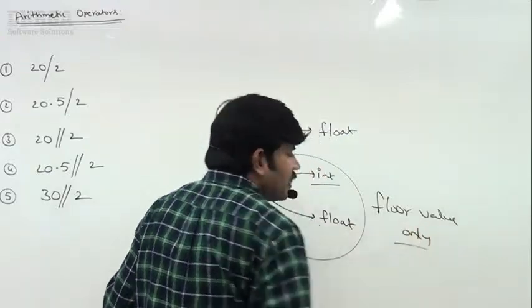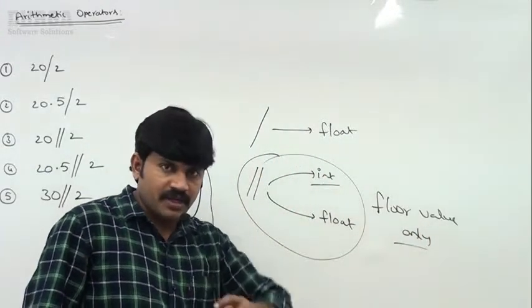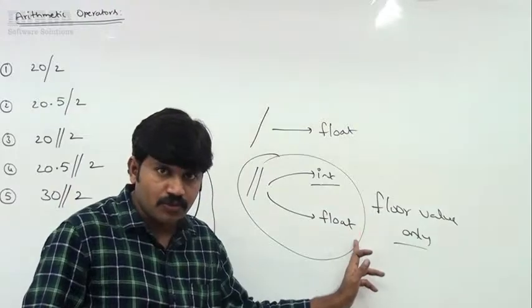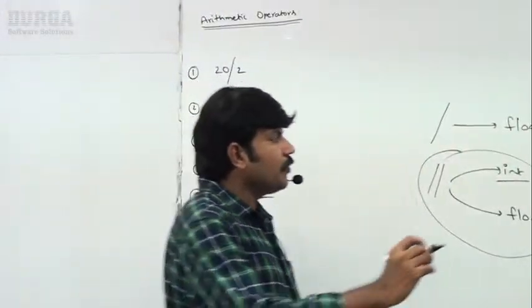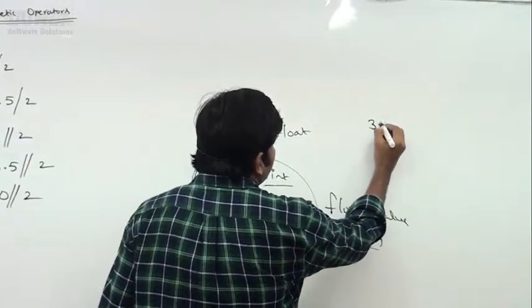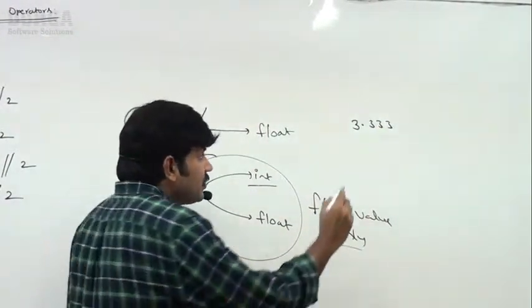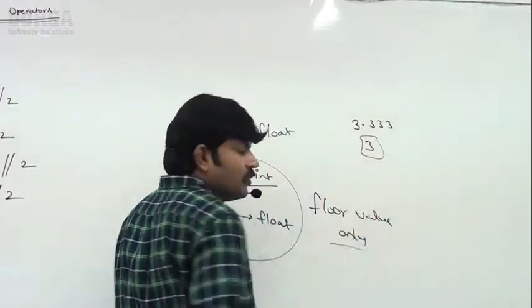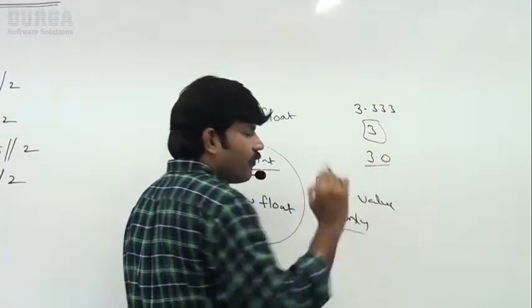Remember this, sir. It is always going to consider what? Floor value. Not the nearest rounded value, it is going to consider the value before. Like, can you please observe 3.333? What is the floor int value? 3 is the floor int value. What is the float value? 3.0 is the float value.